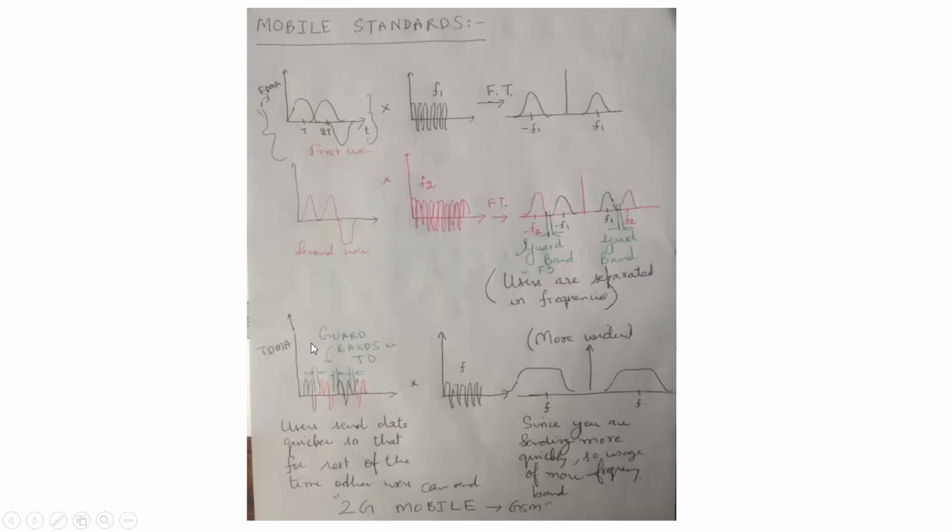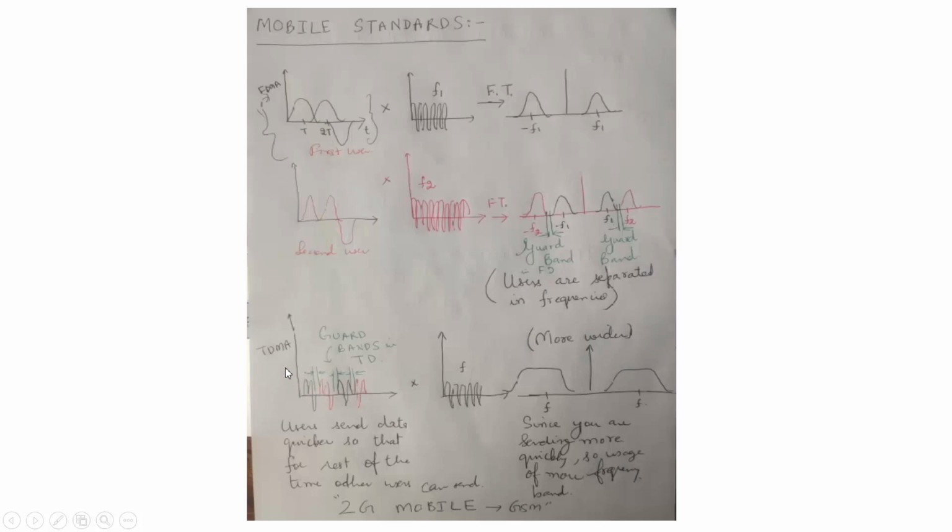Now, if you look at time division multiple access, these are the representations of the users. We will be sending these pulses faster, so we take less time to send for user one, right? The next time slot will be used by the second user.